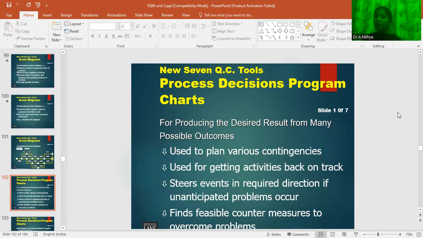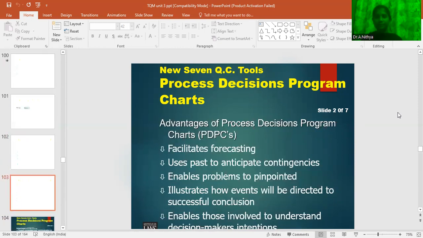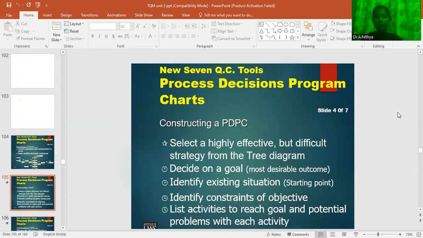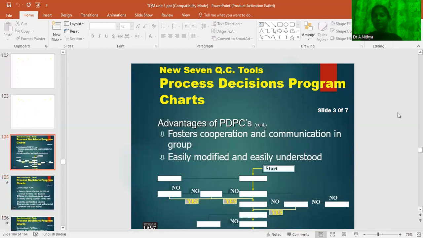Here we predict the problem beforehand and give a solution. It means if plan A does not work out, then we go for the next plan B. That is depicted in this diagram. So what is the use of this PDPC? Identifying the alternative. If plan A is not working, then we go for plan B. So this is how PDPC is done.